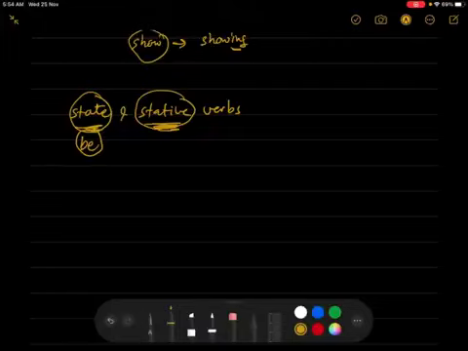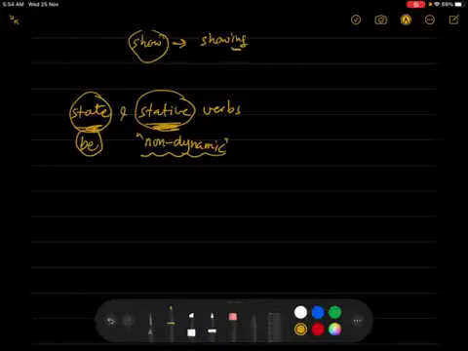Okay, stative verbs are originally action verbs, but they are non-dynamic. They lack action, or they lack dynamicity. Like think, understand, know, realize, believe, doubt, remember, forget, imagine, suppose, expect, deserve, prefer.